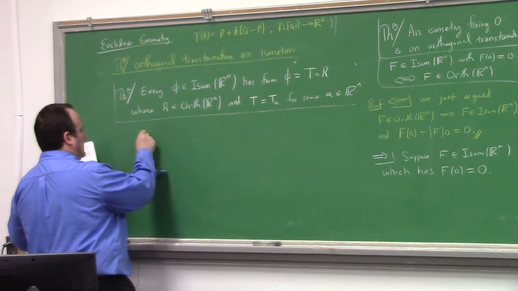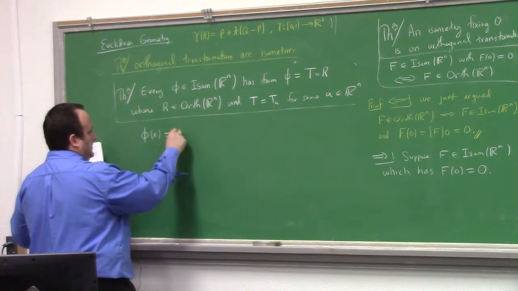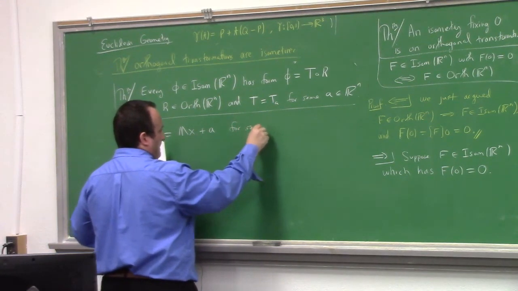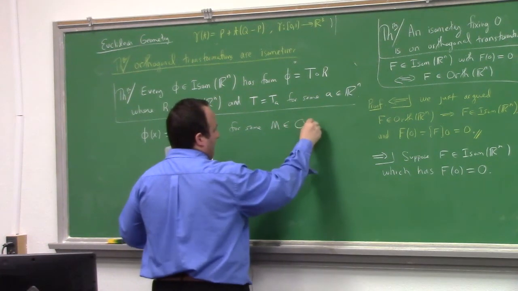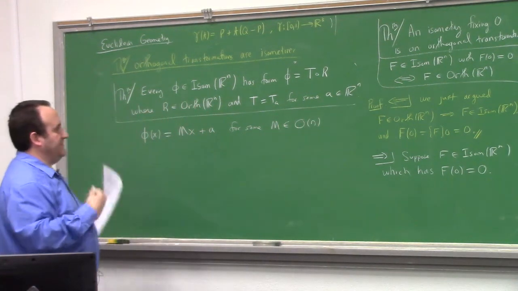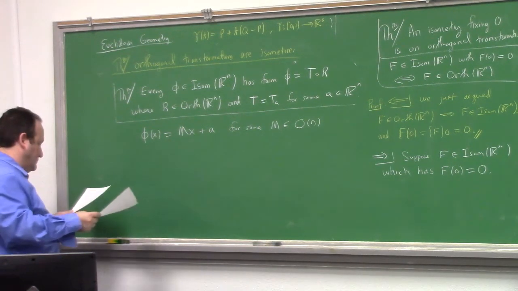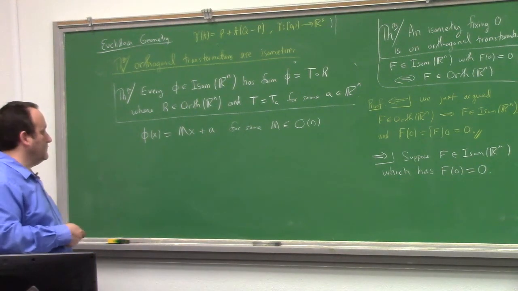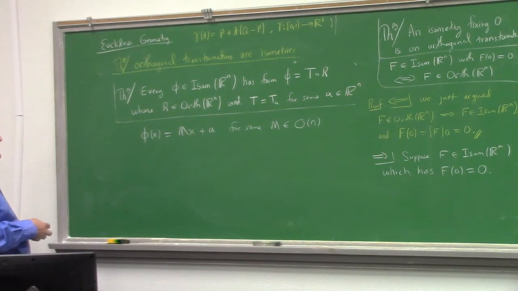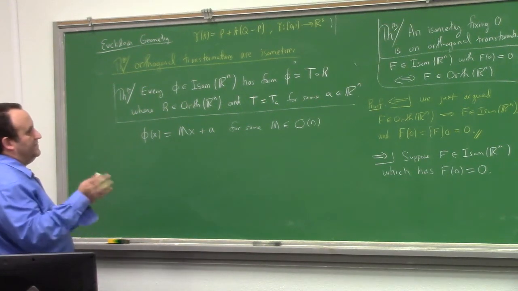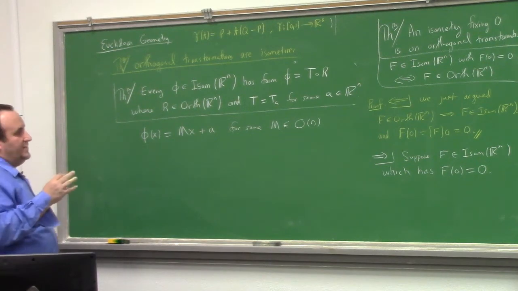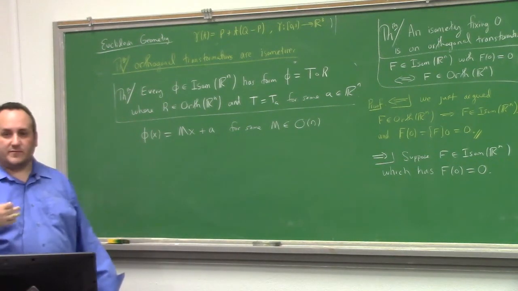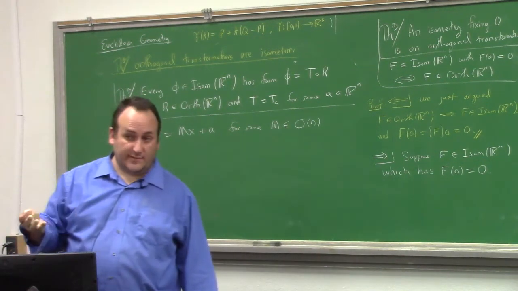So this means that phi of x is equal to Mx plus a for some M in O(n). I mean, that's what this means. So the fact that the composition of a translation and a rotation is an isometry, we've already proved, because we proved they're both isometries, and we proved that the composition of isometries is an isometry.